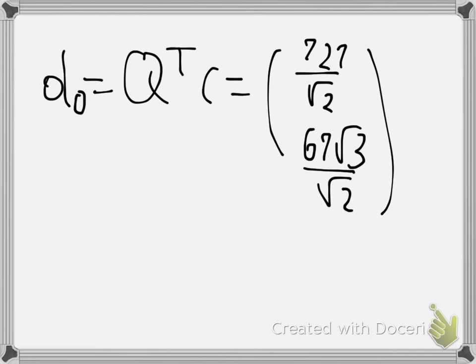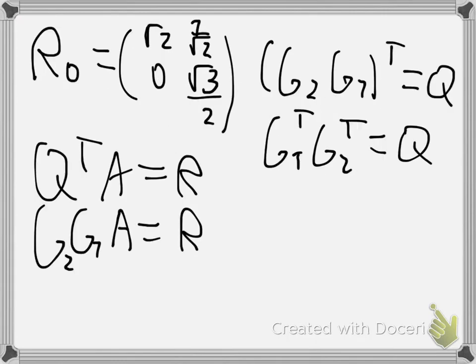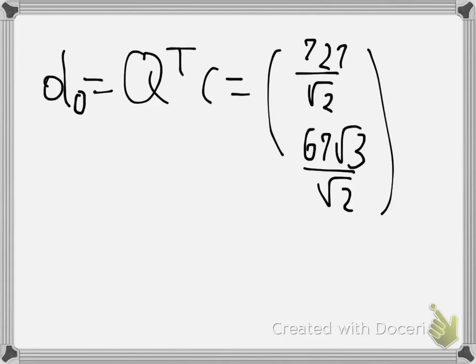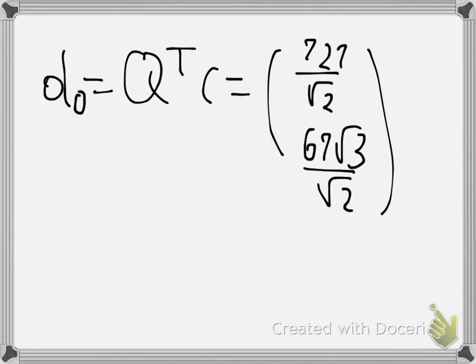And then now we will find the vector x. We will use R0 x equals D0. So this will give you the system of equation. You can row reduce, and then you should get the following. So let's maybe draw it a bit. So let's just write it again.